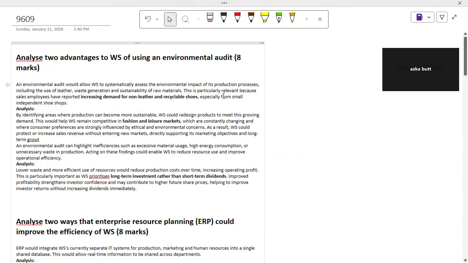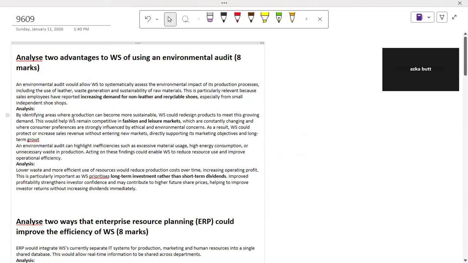And this is particularly relevant because the sales employees have reported increasing demand for non-leather and recyclable shoes. So that's why they have to check whether the raw material they are using is environmentally friendly or not, especially from small independent shoe shops. Now we need to analyze this point.